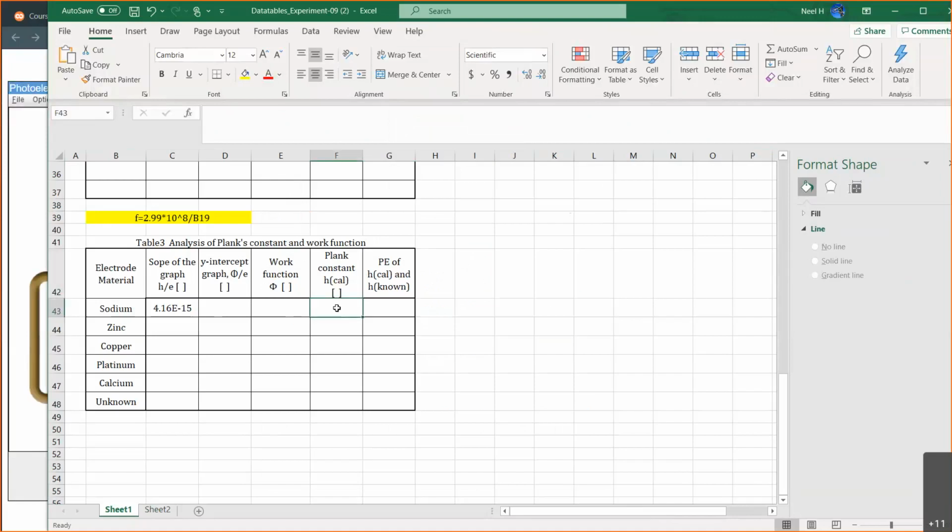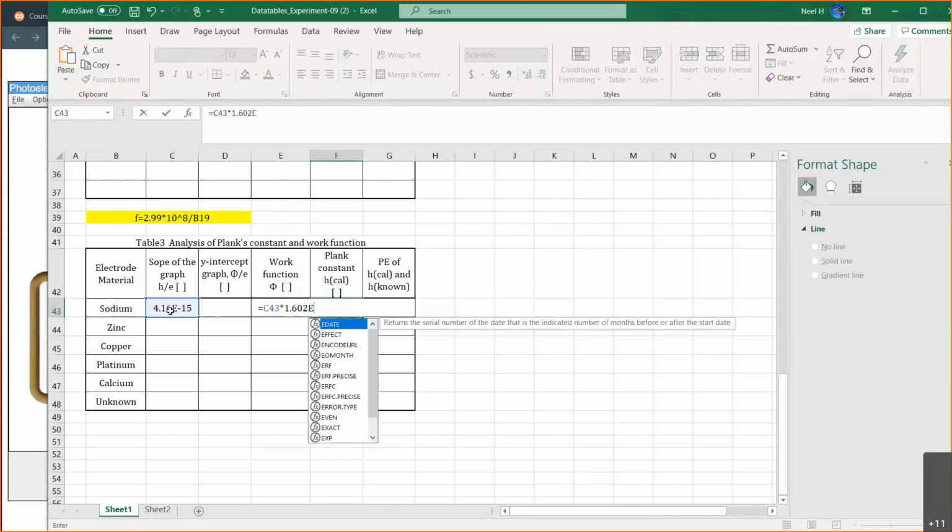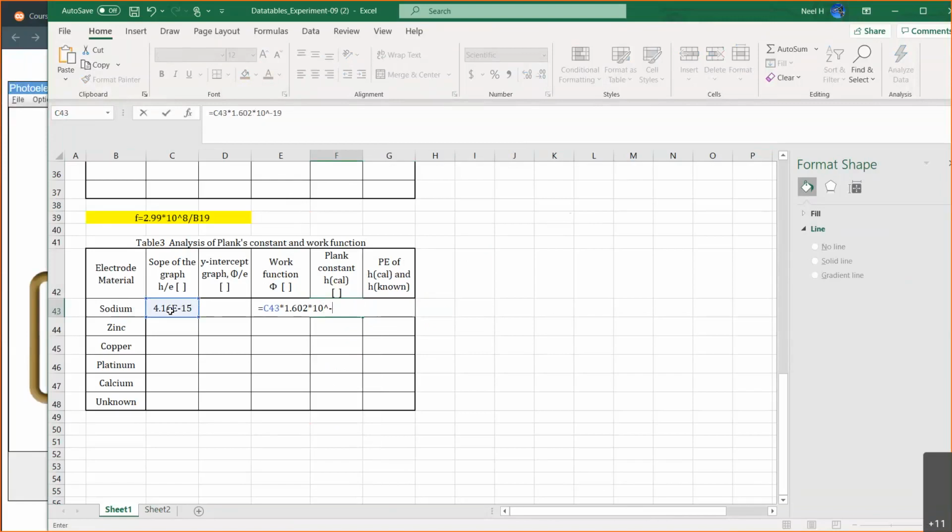Let's do that calculation. Equal sign, H over E value, that's the slope of the graph, multiplied by charge of the electron, 1.602 e to the power minus 19, or you can write 1.602 times 10 to the power minus 19, or you can type E minus 19.